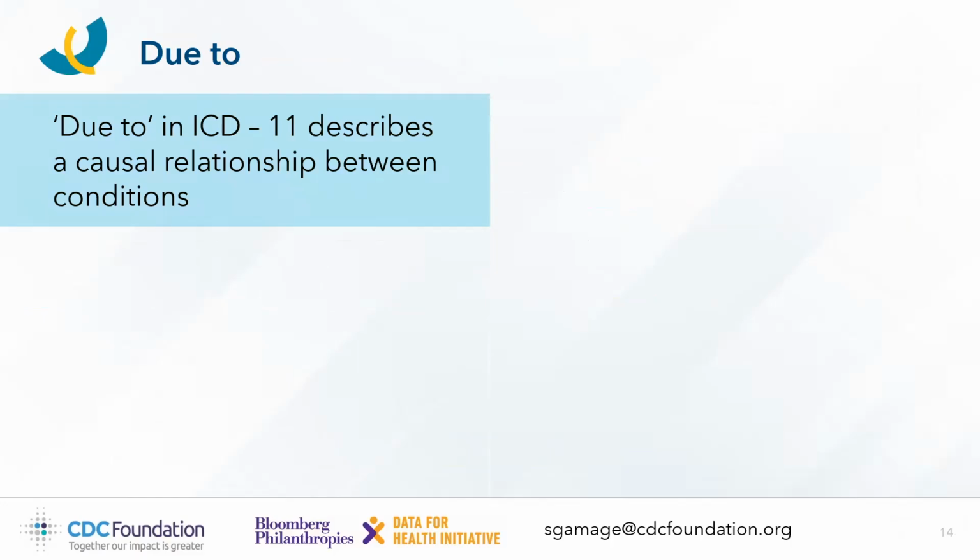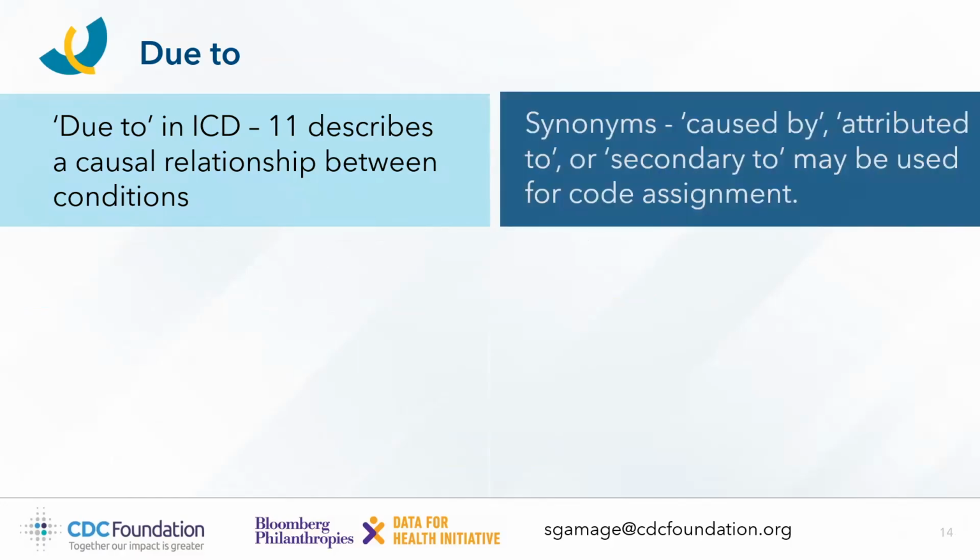Let's move on to another convention, due to. Due to in ICD-11 describes a causal relationship between conditions. The synonyms are caused by, attributed to, or secondary to. They give the same meaning as due to.